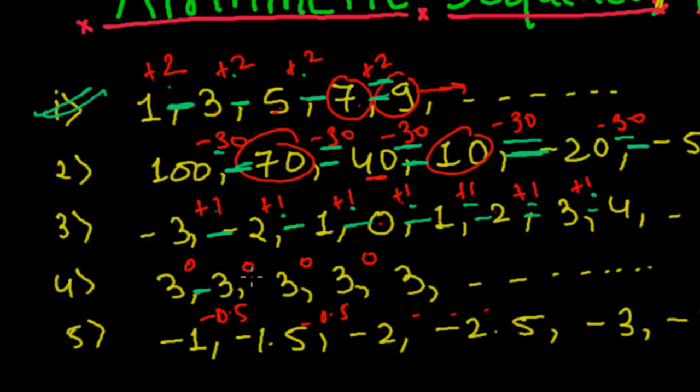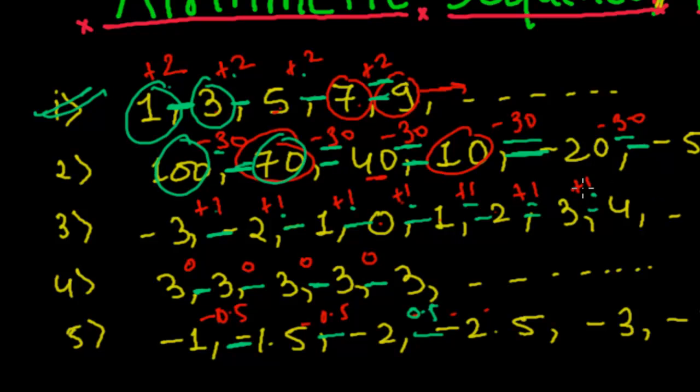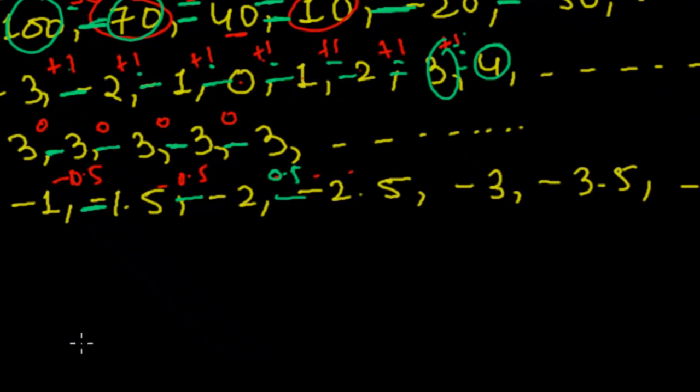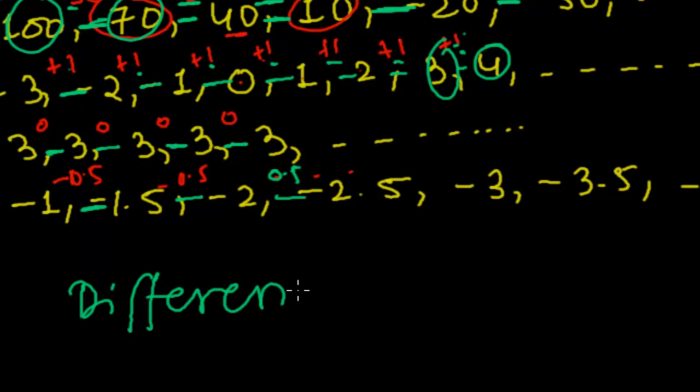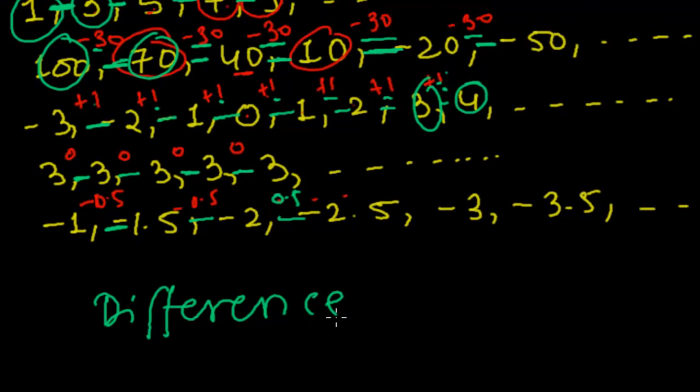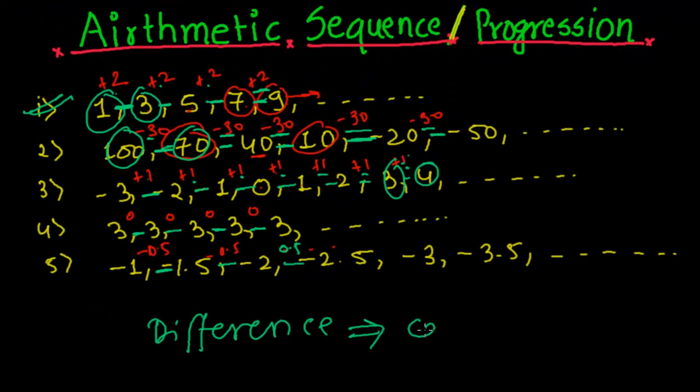Here the difference is 0 every time. And here minus 0.5 every time. If you take any two consecutive terms, the difference will be the same, meaning the difference between two terms is always constant in a particular sequence.